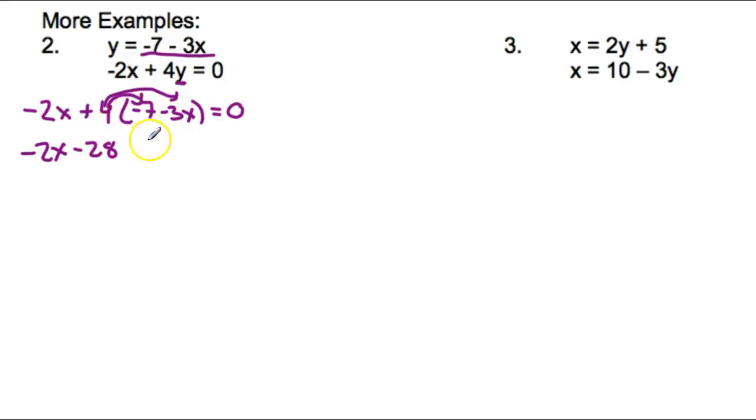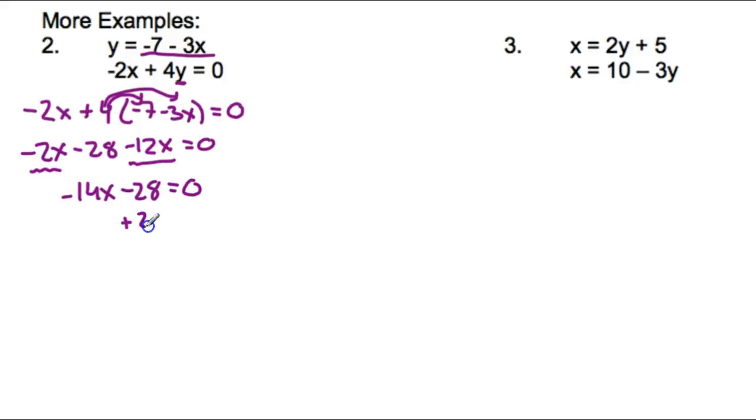Plus 4 times negative 3x, that'll be negative 12x. And that equals 0. Now I want to combine my like terms. I've got a negative 2x there and a negative 12x right there. So that becomes negative 14x. And then I have minus 28 equals 0.